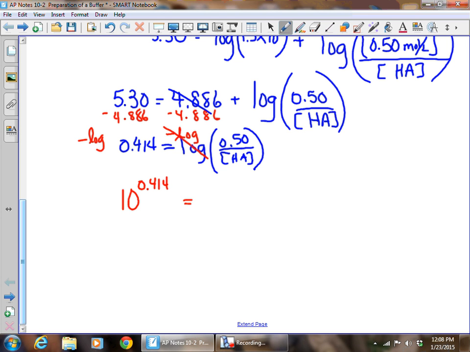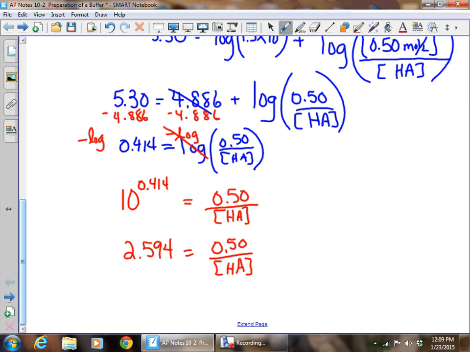So 10 raised to the power of 0.414 is going to be equal to 0.50 over the concentration of HA, since I dropped out that log term. That is 2.594 once we find 10 raised to the power of 0.414, still 0.50 over the concentration of HA.